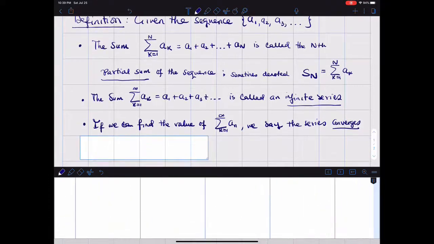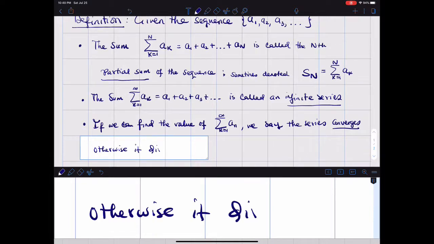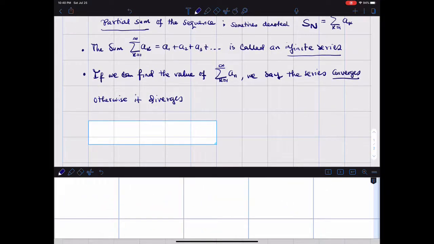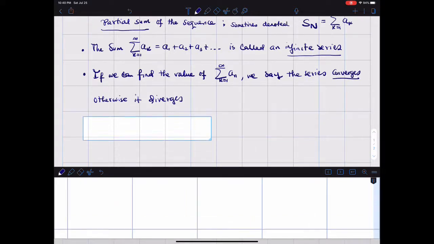Otherwise, we say it diverges. Convergence and divergence are two related concepts we're going to be looking at.